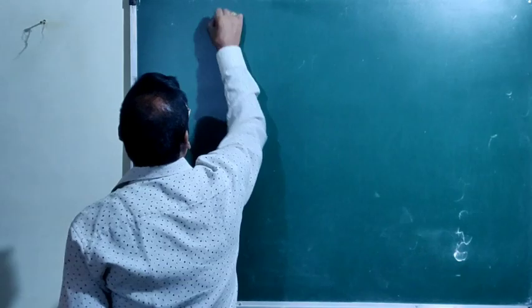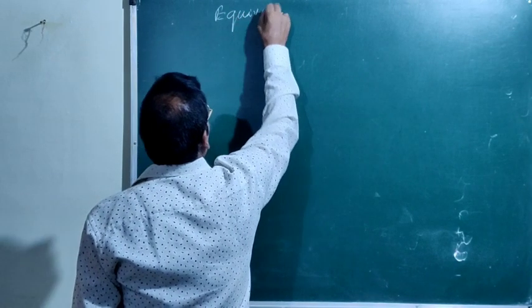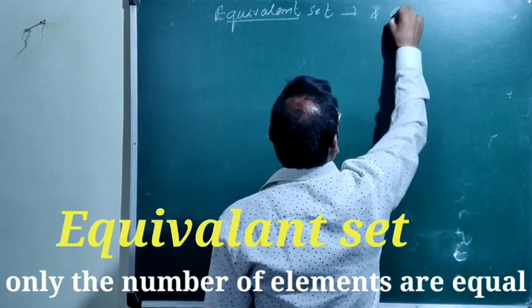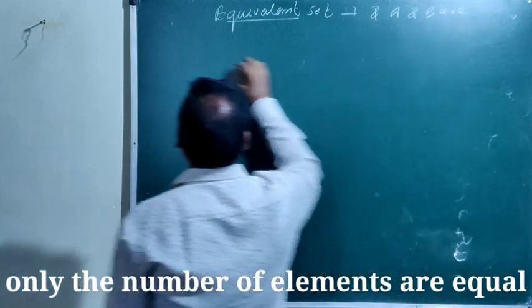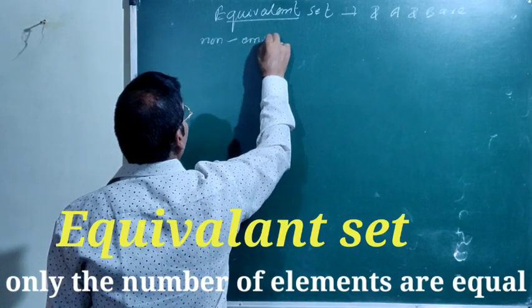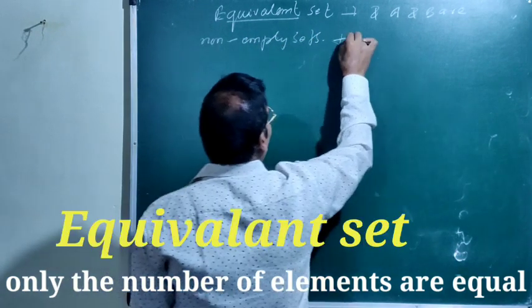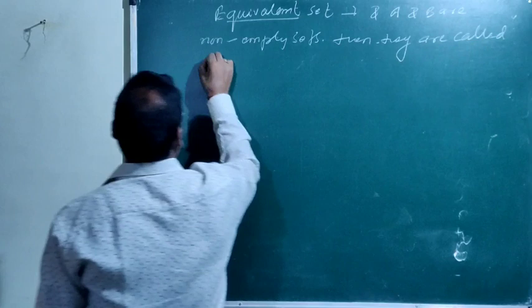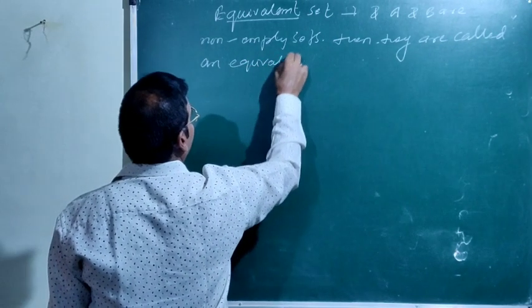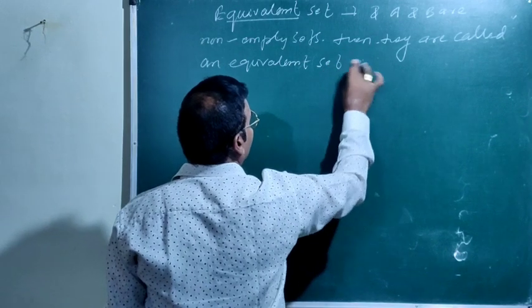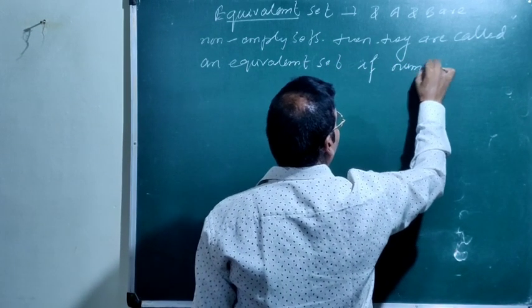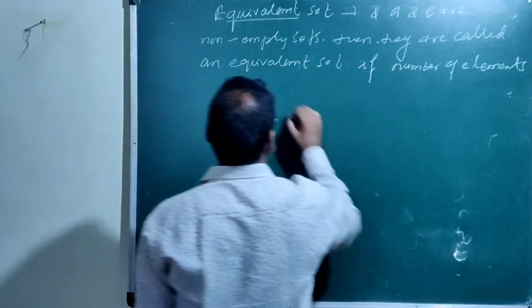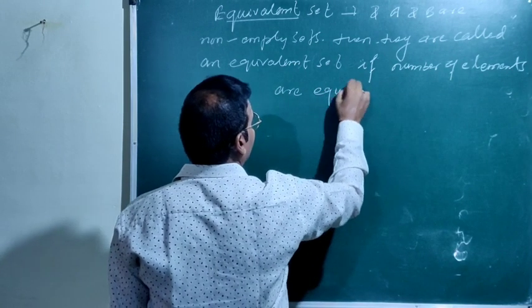Now the equivalent set. If A and B are non-empty sets, then they are called equivalent sets if the number of elements are equal only.